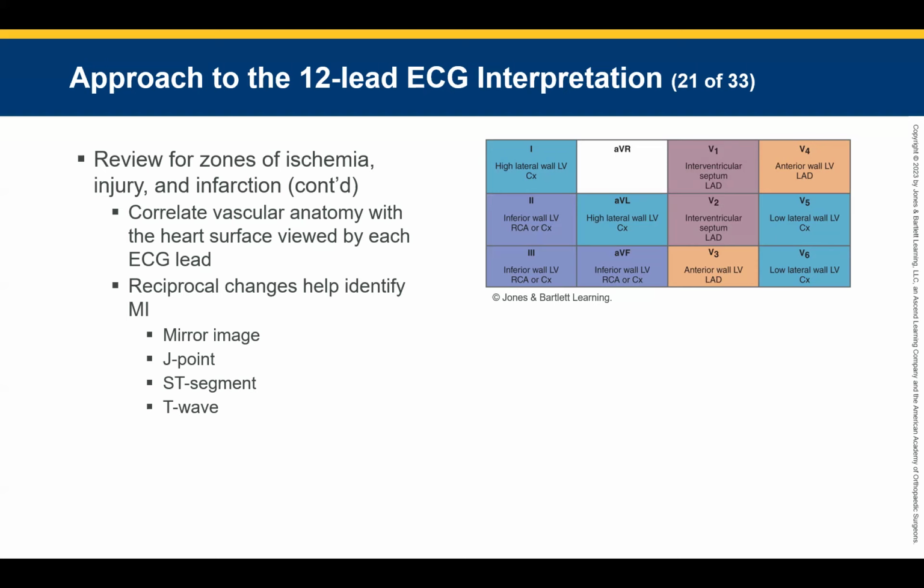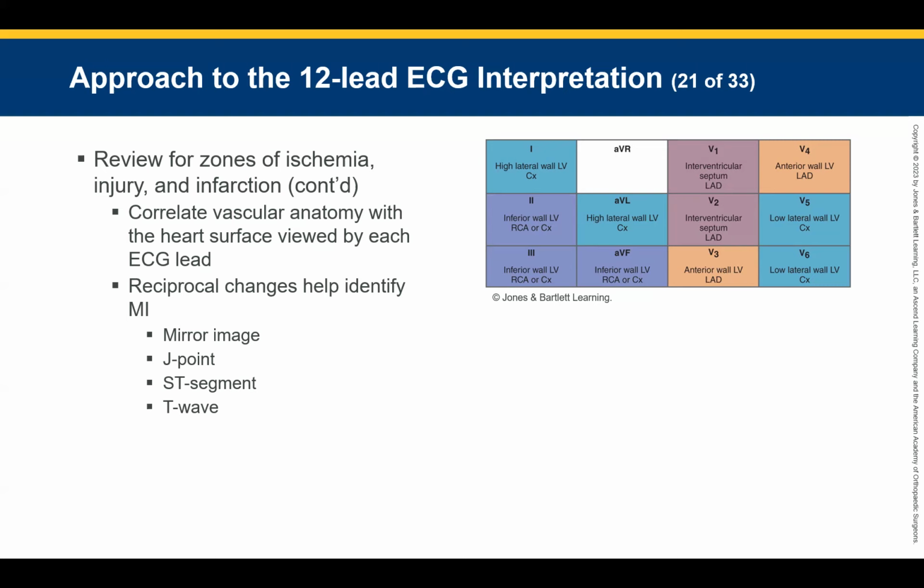So if you have a high LAD occlusion, a high blockage on the LAD, you can get basically everything lit up minus inferior. Because that's the right coronary artery, it's coming off of a different main feed.